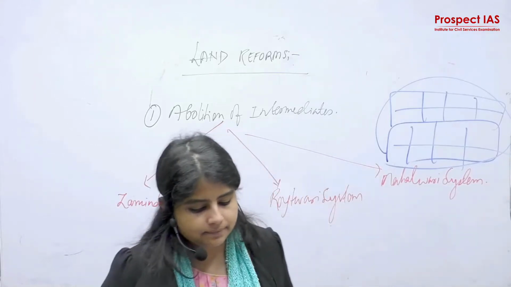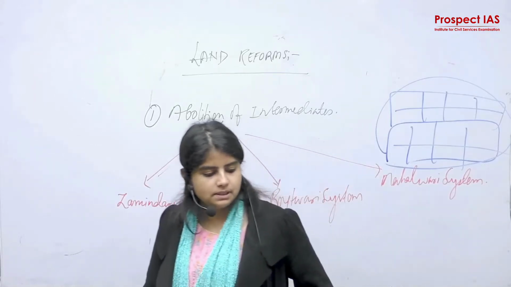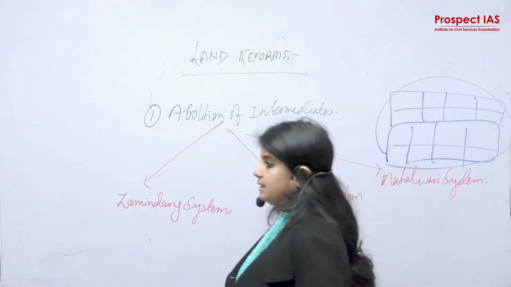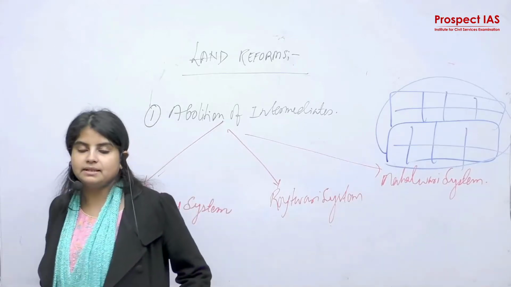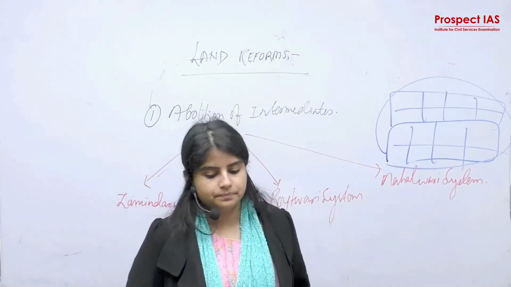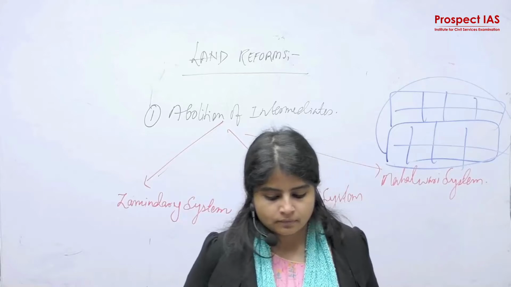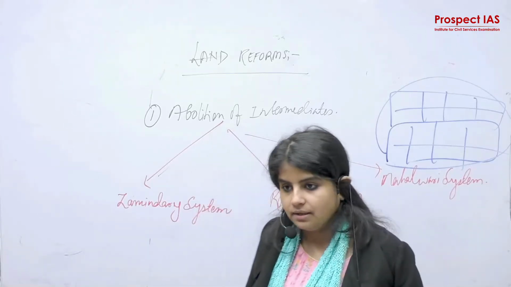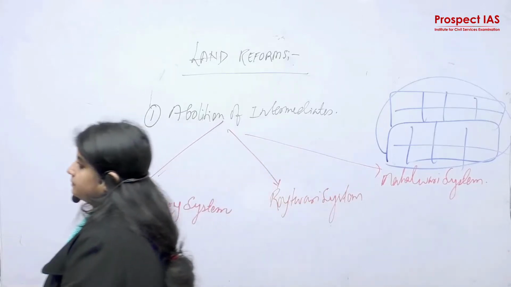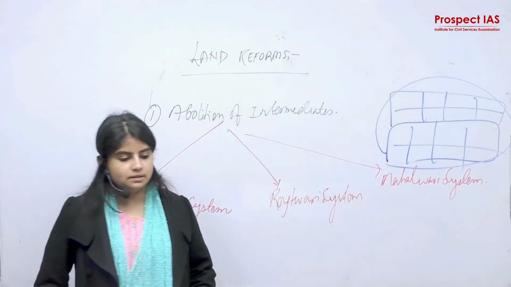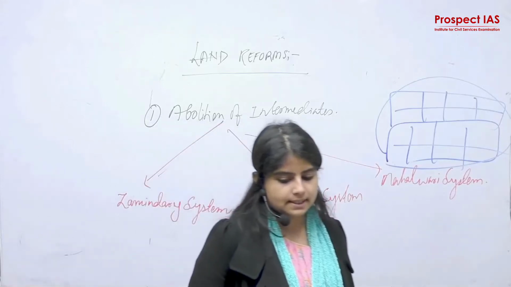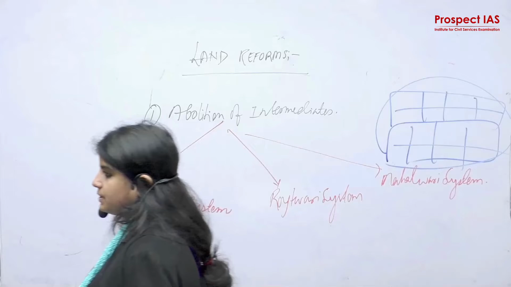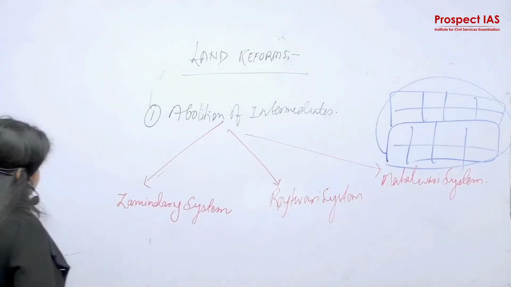Members were jointly responsible for the cultivation and payment of land revenue to the British India. Meaning they cultivate the land, and the revenue will go to British India. Okay. The initial revenue gross was 83% of total production.